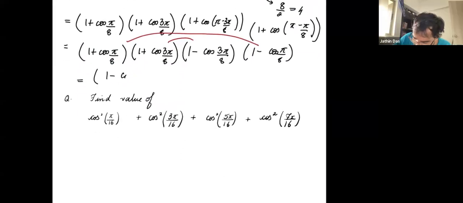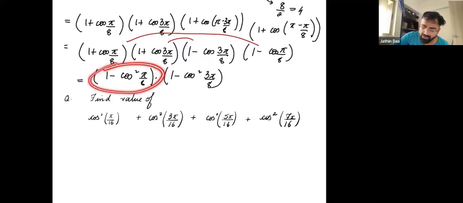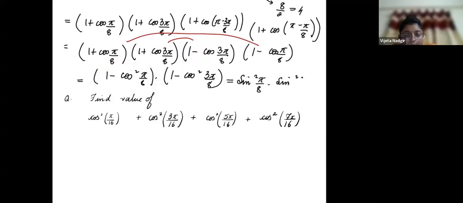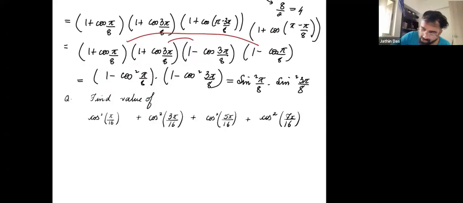So you will get 1 minus cos square pi by 8 into 1 minus cos square 3 pi by 8. But what is 1 minus cos square theta? Sine square theta. So I'll write it as sine square pi by 8 into sine square 3 pi by 8. So that is the answer.